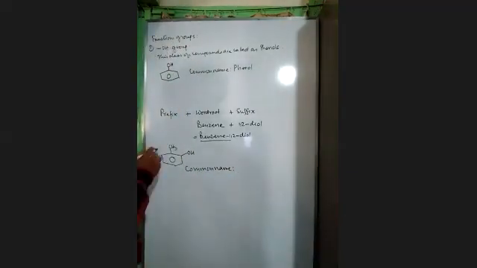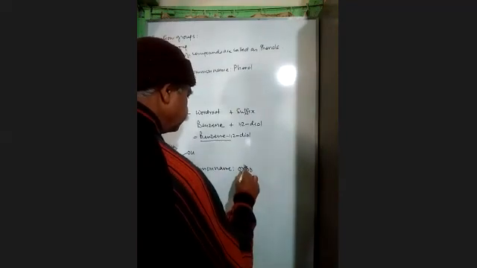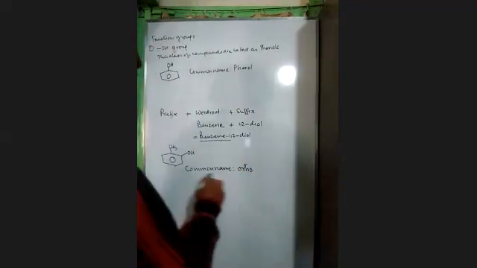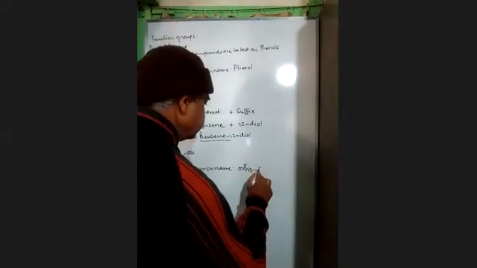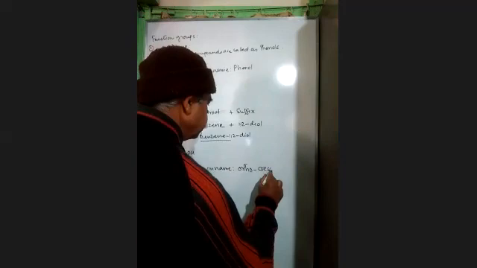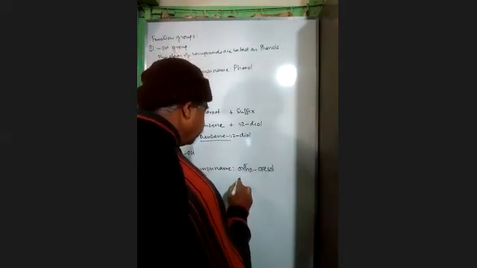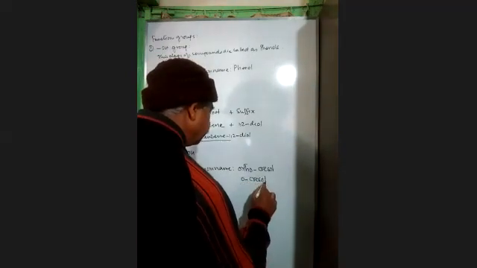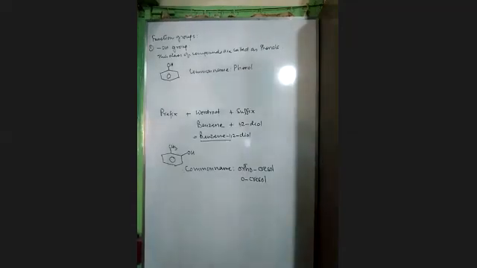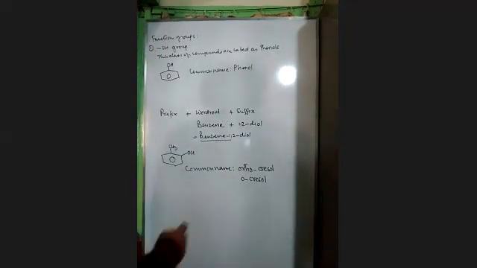Common name of this one is ortho cresol. Okay. What do we write here? O. This ortho, meta, para I will teach you later. Orthocresol. This compound is a very good disinfectant or antiseptic also. This is being used in making Dettol.